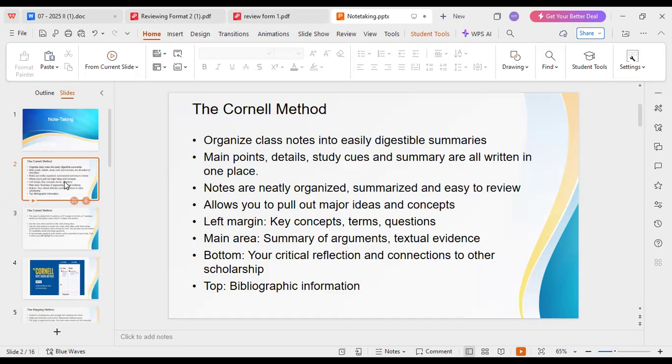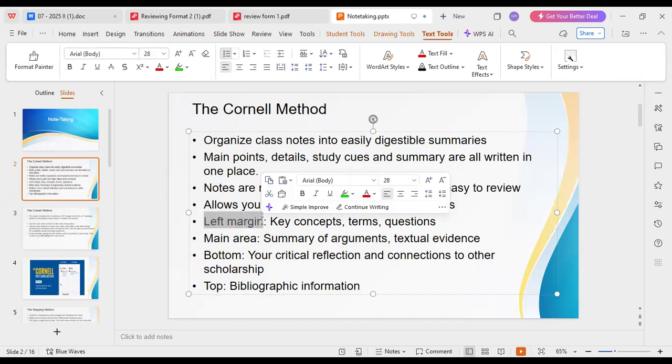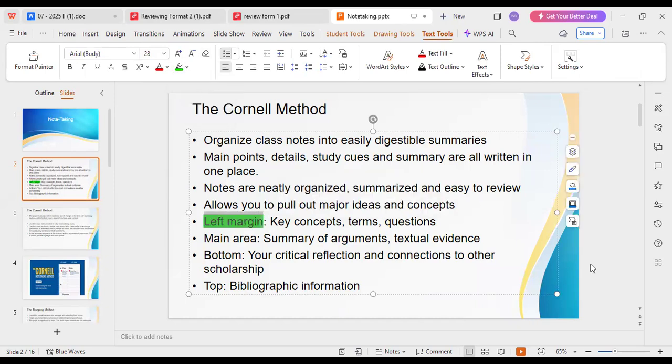And here, if we go through the main sections, first there's this left margin. We also call it the Q column, right? So they are what you jot down. So here, let me highlight the part that I'm discussing. Yeah, first of all, left margin. There you can write the key concepts and also main terms, pivotal terms.